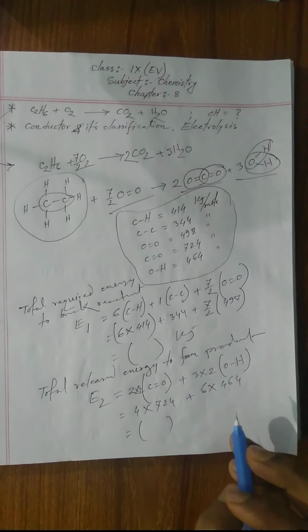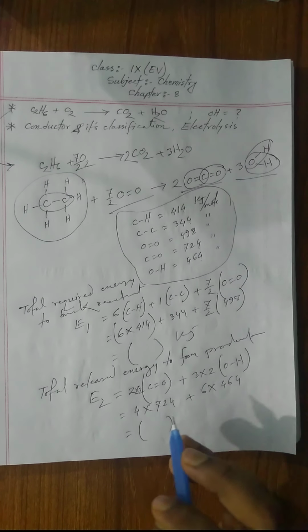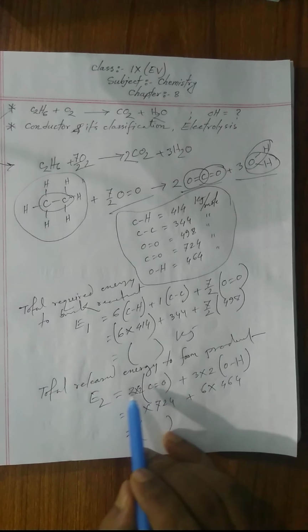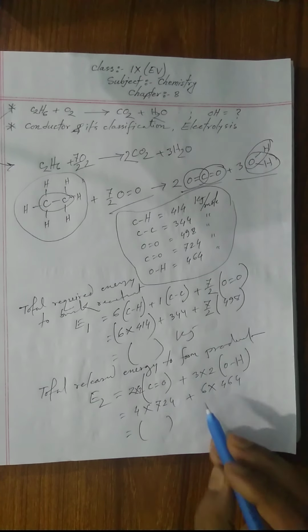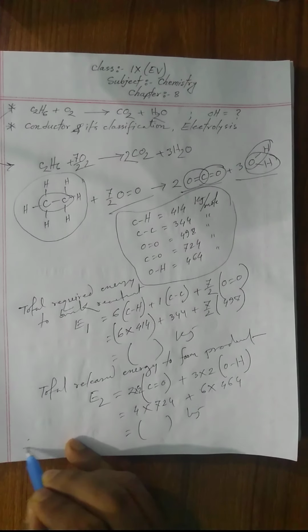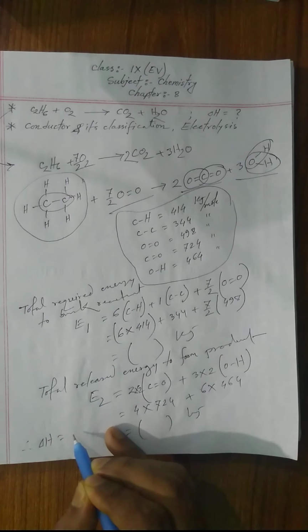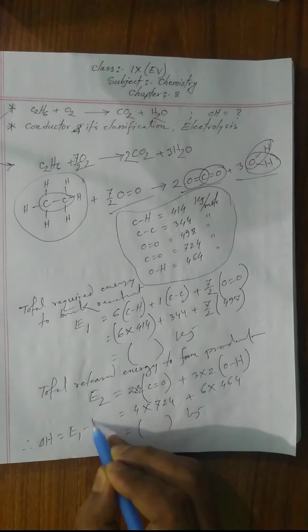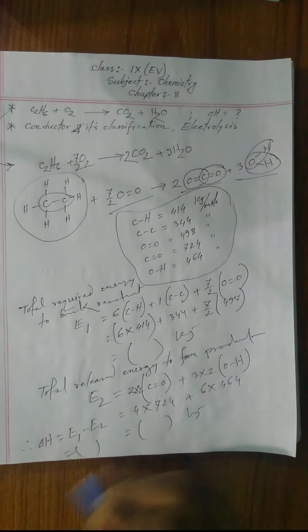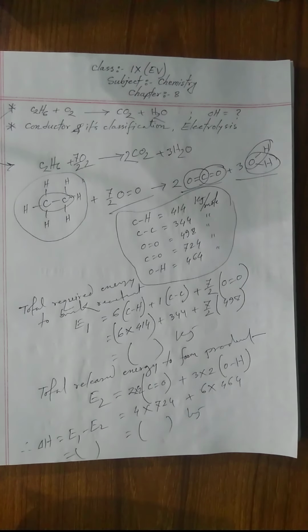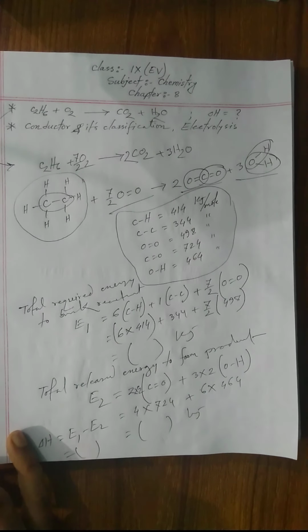So here we can also get the value of E2, which is the total released energy to form products. Now we can easily calculate delta H is equal to E1 minus E2. So the value will be the value of delta H.